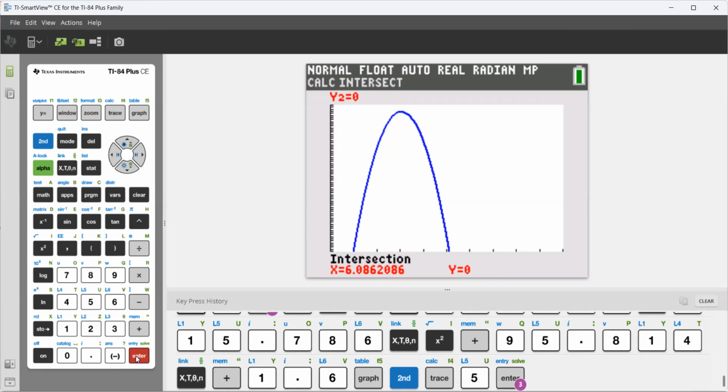So it means that our graph would hit the ground at 6.09. That's what this means, okay? At 6.09.